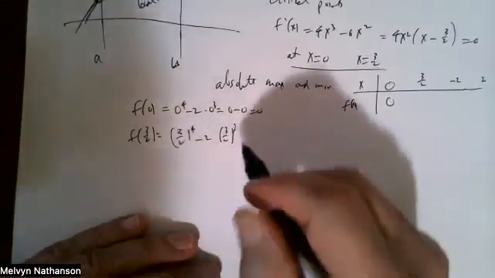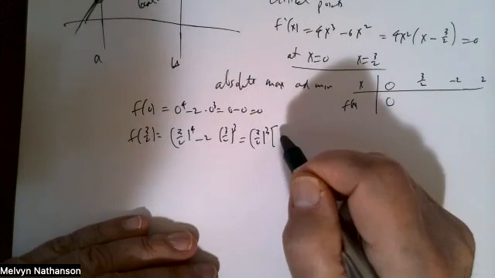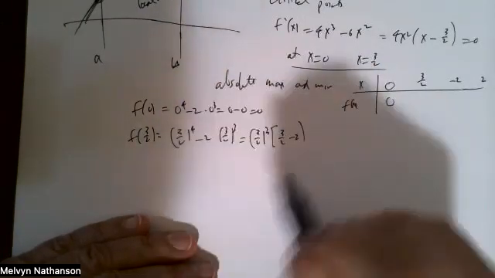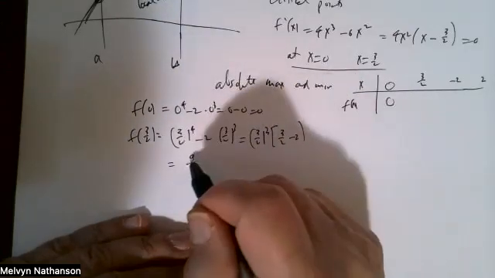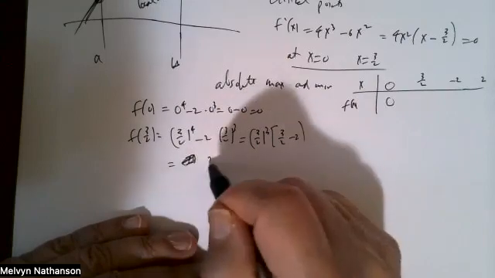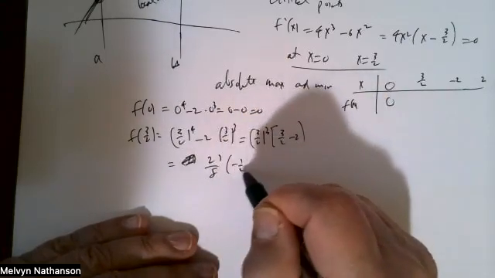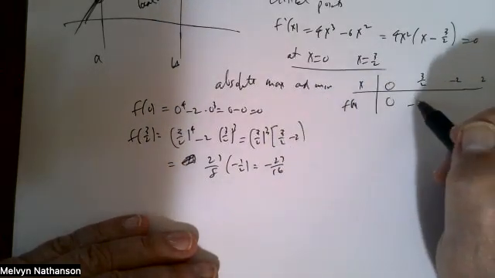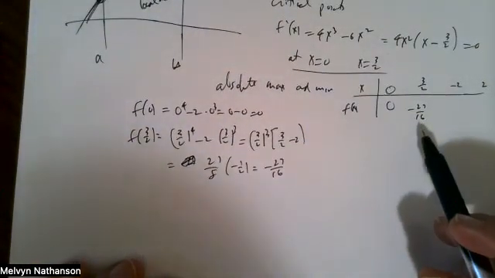Let me calculate that the easy way. I'll factor out a 3/2 cubed, and I get 3/2 minus 2. So 3/2 cubed is 27 over 8. 3/2 minus 2 is -1/2. So this is minus 27 over 16. That's the value of the function at 3/2.